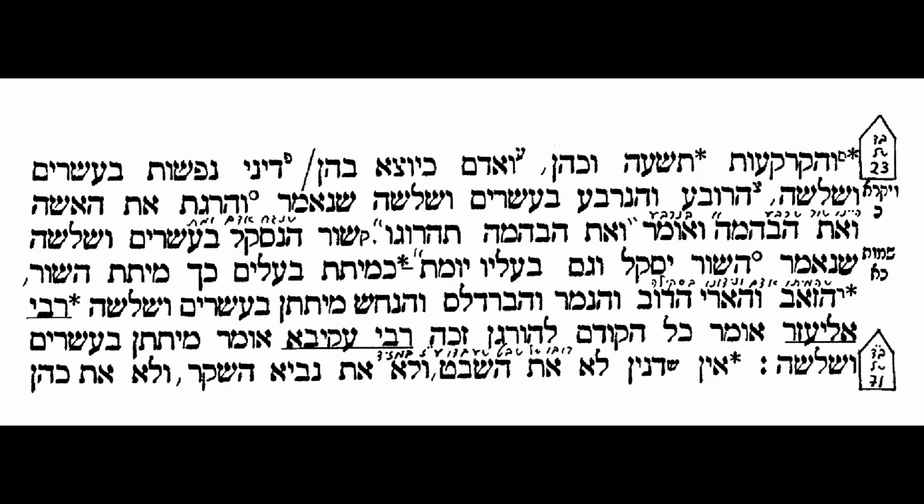That's based on the pasuk, "Shenemar, Hashor yisokeiy v'gam be'olov yumas." The animal that did the goring is stoned, and it says the owner also dies. But we know that the owner doesn't actually die. He's not subject to a death penalty in the simple sense. However, for our purposes, we see a comparison in this pasuk to the animal which is stoned to the person.